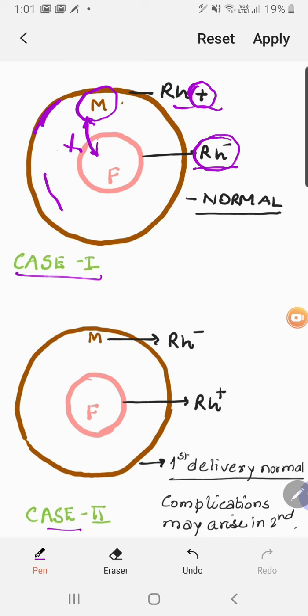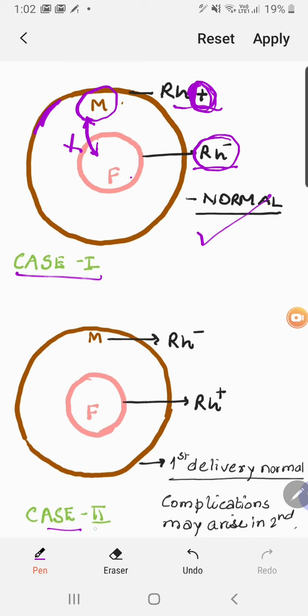It's just that the capillary of the mother and the capillary of the fetus are so close that the diffusion takes place for nutrients and all, but the blood never comes in contact. And if the blood is not coming in contact, there is no chance of passing of this positive antigen in the fetus body. So everything is fine and the delivery becomes normal. Such cases where the mother is Rh positive and the fetus is Rh negative never cause problem.